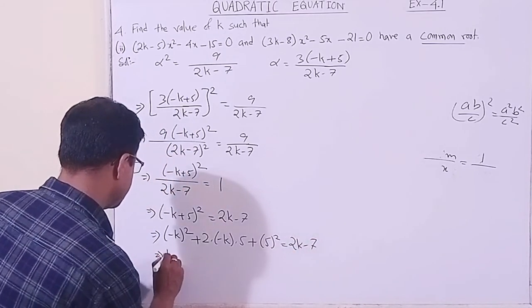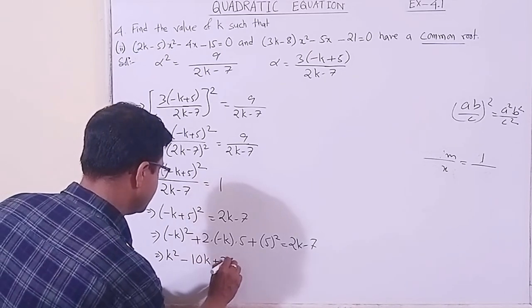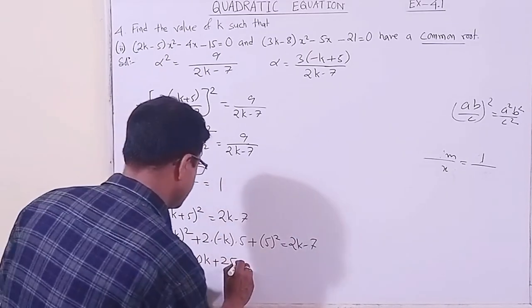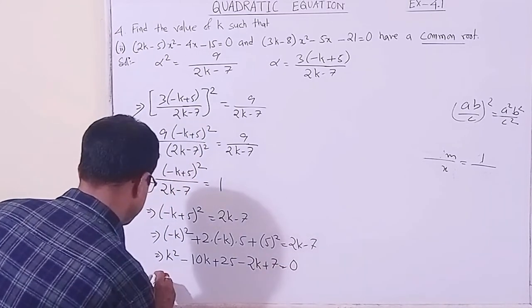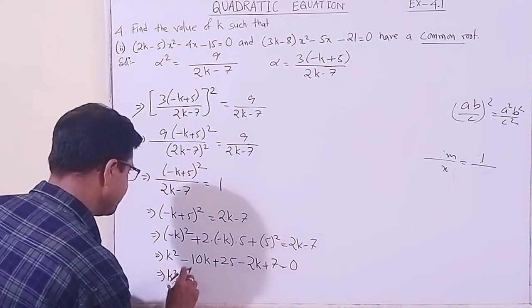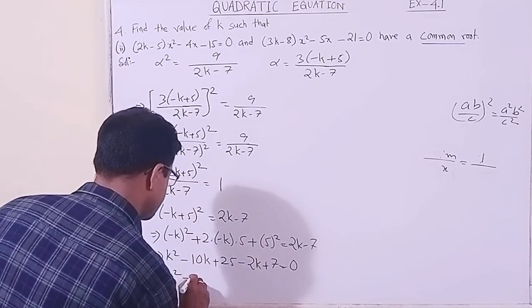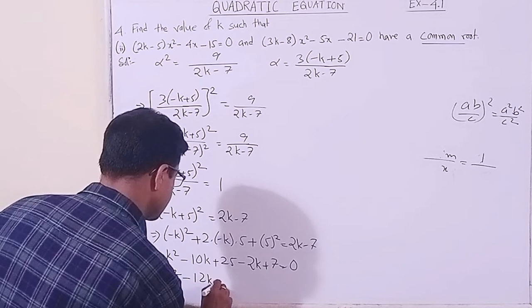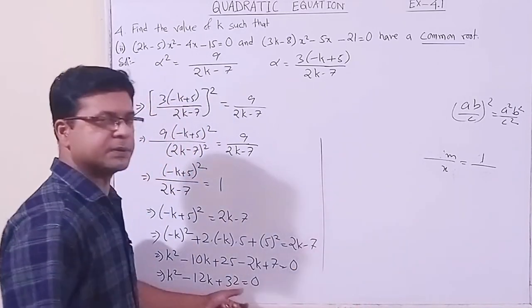So this is k square minus 2 into 5, 10k, plus 25. Let us bring everything to this side: minus 2k plus 7 is equal to 0. So it is k square, minus 10 minus 2, minus 12k, plus 32 is equal to 0.